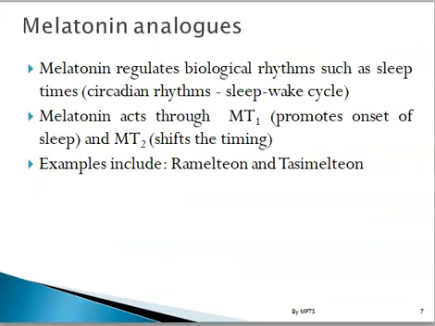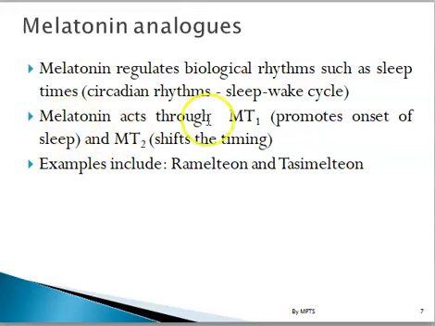Let us look at melatonin agonists. All of us know melatonin is important in our skin color. However, melatonin also regulates biological rhythms such as sleep times, the circadian rhythms, the sleep and wake cycle, because during the time of sleep, the levels of melatonin increase in the brain.